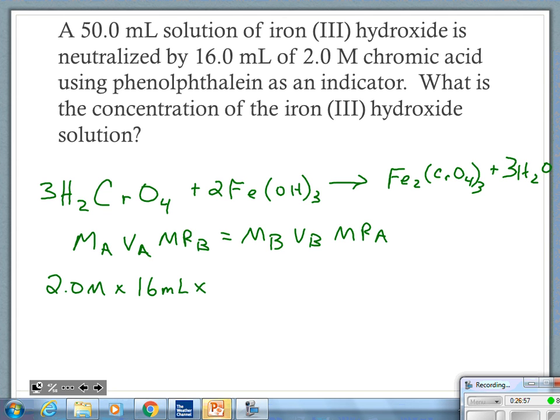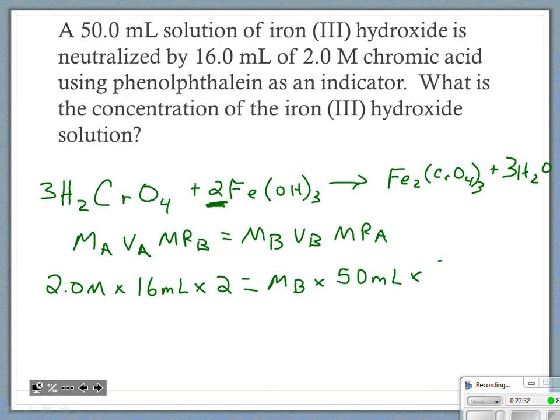What is the molar ratio of my base? What's the molar ratio of my base, folks? 2. Where'd you get that? Balanced equation, right here. What is the molarity of my base? I do not know my molarity of my base. What is the volume of my base? 50 ml. What is the molar ratio of my acid? 3.